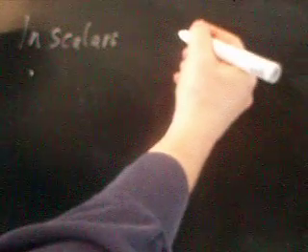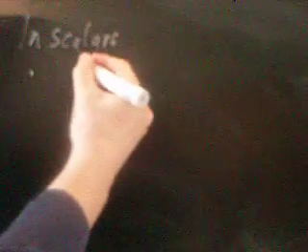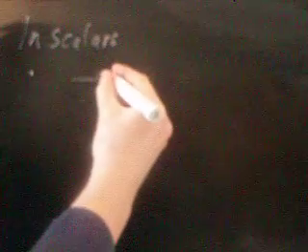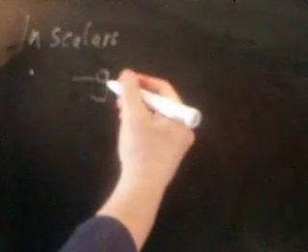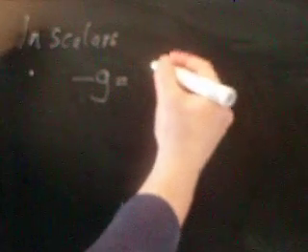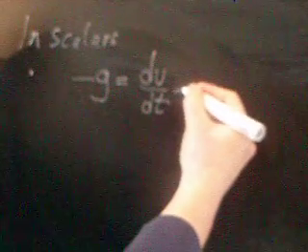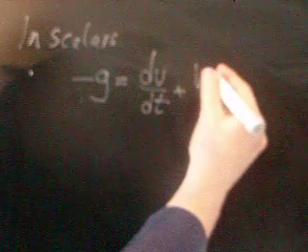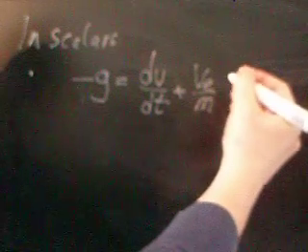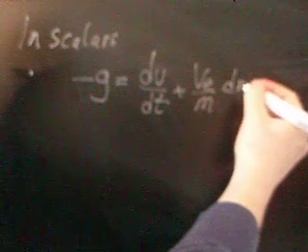If you instead use scalars, then in scalars we get minus g, because the vector g is pointing in the negative direction, equals dv/dt plus ve over m dm/dt.